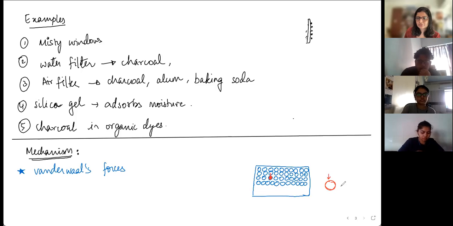There's going to be forces on this side. It's going to attract this molecule, this molecule, and the one below. In 3D, that means there will be some in front and behind also. What will be the net force experienced by the red particle?